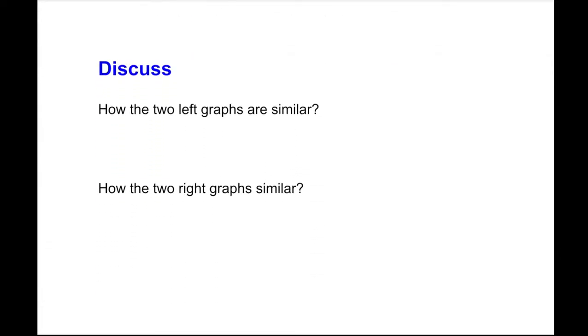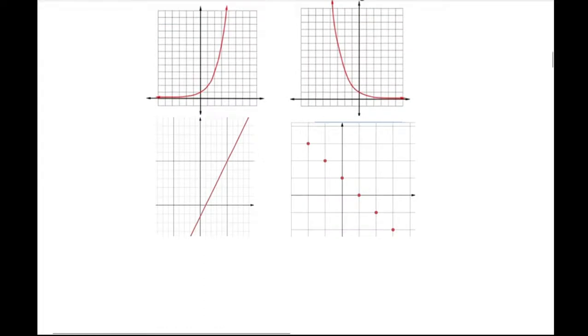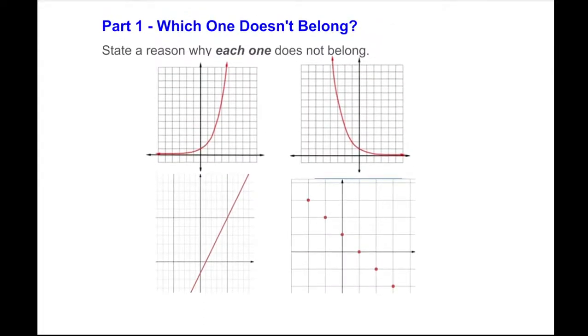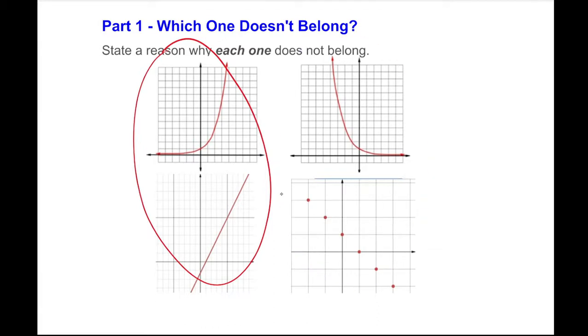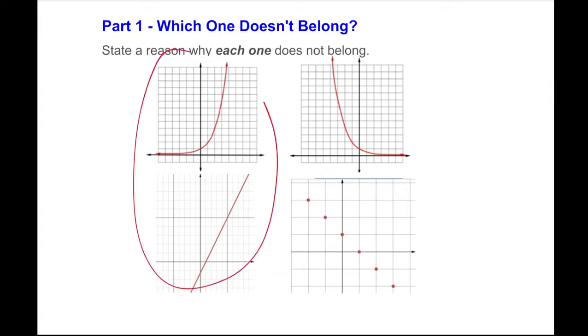So if we want to discuss how the two left graphs are similar and how the two right graphs are similar, going back, how are these two similar and how are these two similar? Well, part of what made them different is that we should see that the first two over here are both increasing and the two on the right are both decreasing.